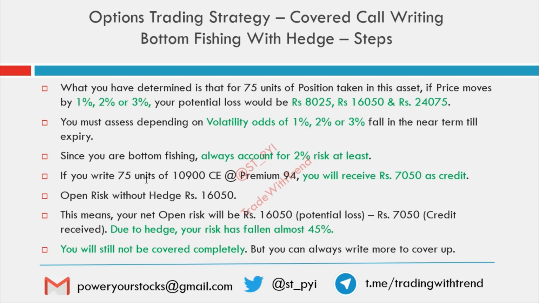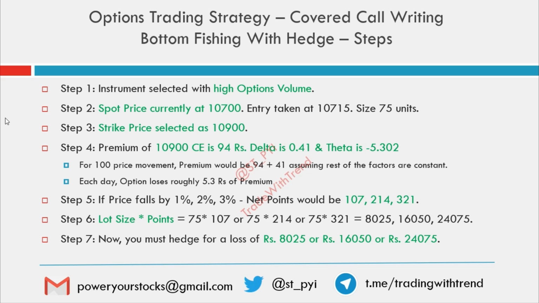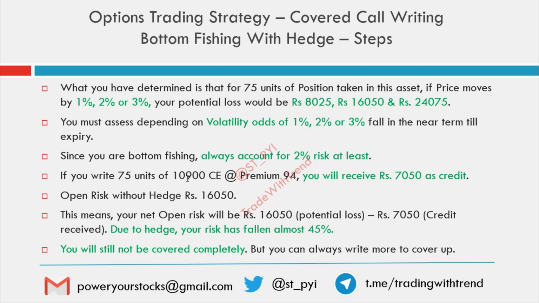But as soon as I sell a call option of higher strike price, mind you, my buying price was 10,715 and I am writing the 10,900 call option for a premium of 94. So the moment I open this position, my risk comes down from rupees 16,050 to rupees 9,000 roughly.